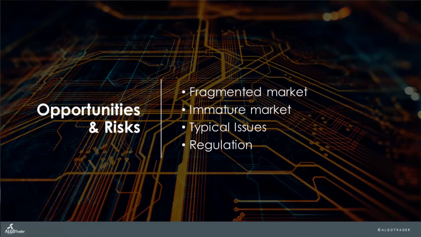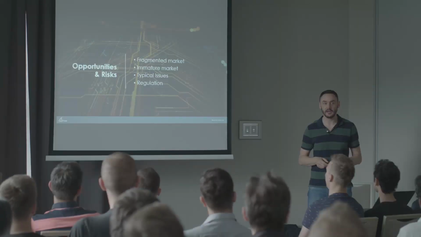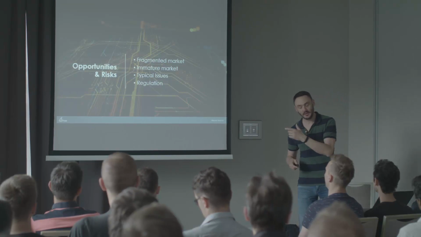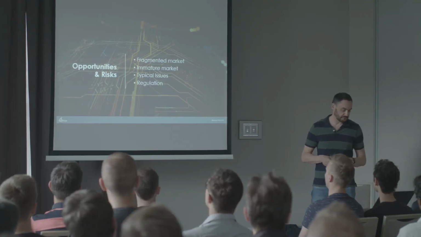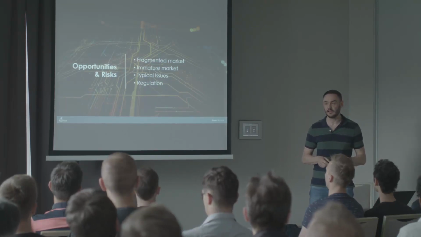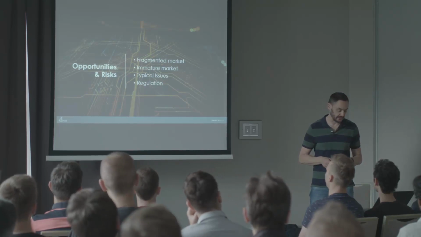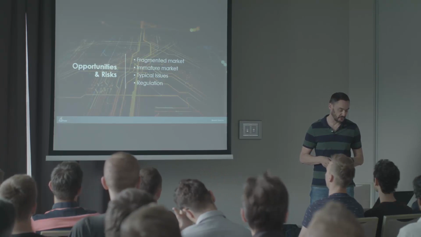It's a very immature market, so storage of cryptocurrencies is a problem. If you lose your coin, if you lose your key, coins are lost forever. And a lot of the technology that we see today is not properly tested. So there are a lot of technical issues.